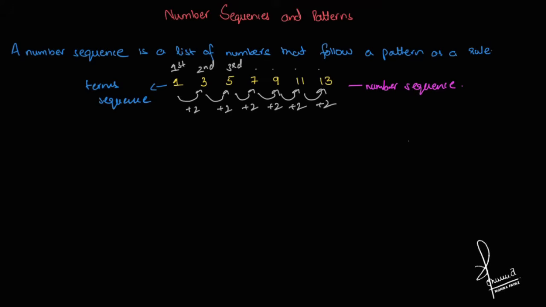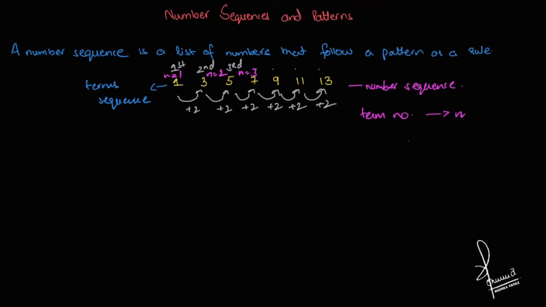So 1, term number for 1 is going to be the first term. 3 का टर्म नंबर क्या होगा? 2, because it's the second term in the sequence. 5 का टर्म नंबर क्या होगा? 3, and so on. Usually we represent the term number by the variable n. So 1 पे n is equal to 1 हो जाएगा, 3 पे n is equal to 2, 5 पे n is equal to 3, and so on. This n is basically the term number. किस नंबर पे या किस पोजीशन पे आपकी ये वाली टर्म आपके सीक्वेंस में आती है.